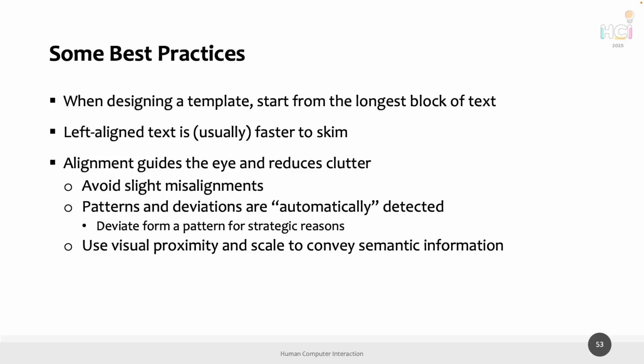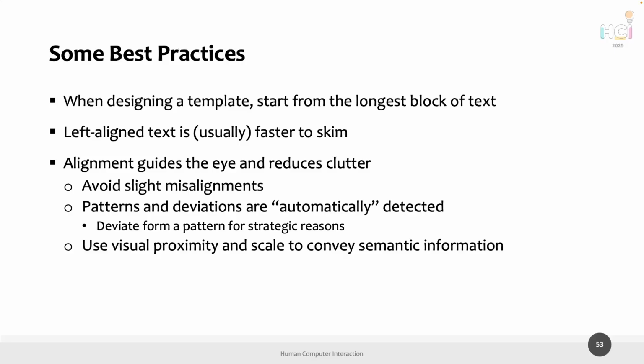So avoid even slight misalignments, because we don't like them, according to the Gestalt principles. Slight deviations and misalignments are automatically detected by our brain, so we are really good at spotting errors in the alignment of things on a user interface.